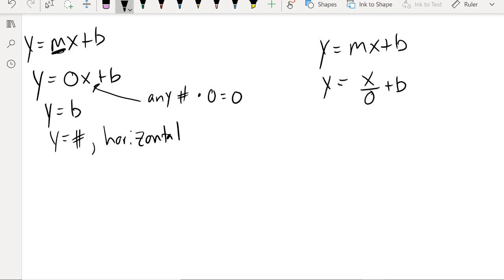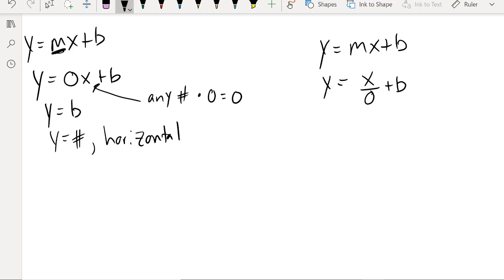Because if it's over 0, in theory, what would happen is if I were to multiply by 0, it would make y 0. But it would also make b equal to 0 as well. So this is the reason why it's tricky to show this algebraically, because when you divide by 0, you can't, the universe breaks, right?